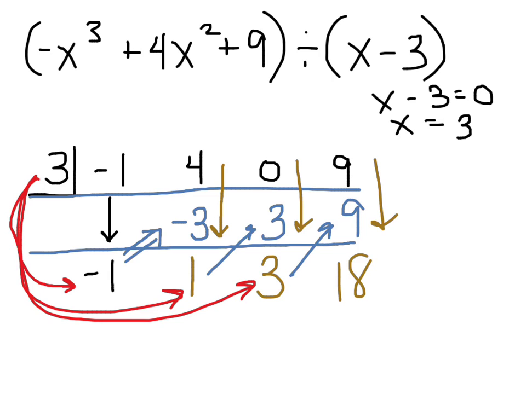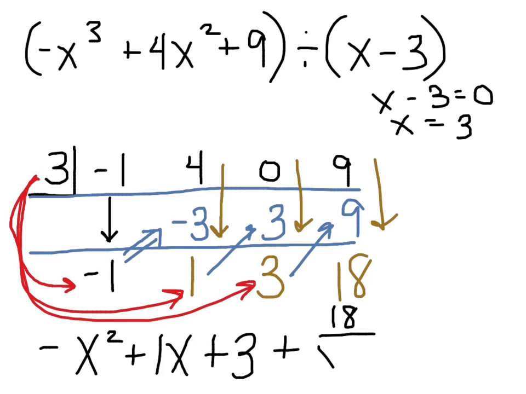So what's 3 minus 1? So guess what exponent I start with? 2. So this is negative x squared plus 1x plus 3. And what do you think the last number is? Well, I know it's 18, but what is it in our problems? What did we talk about yesterday was the last thing? The remainder. Plus 18 over x minus 3.